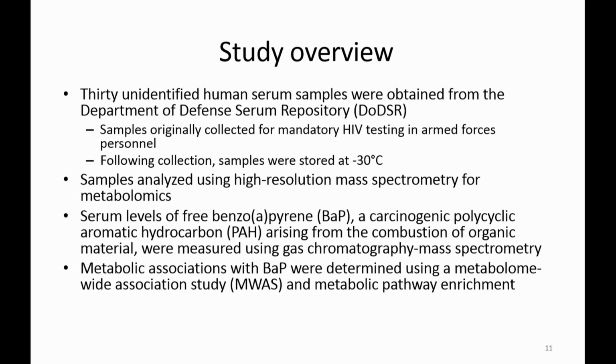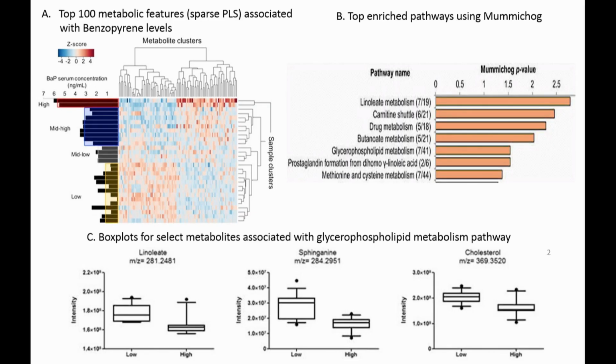Benzopyrene was measured using a GC-MS platform. We performed a metabolite association study with benzopyrene as our main outcome and tried to identify metabolic pathways. So here are the results.